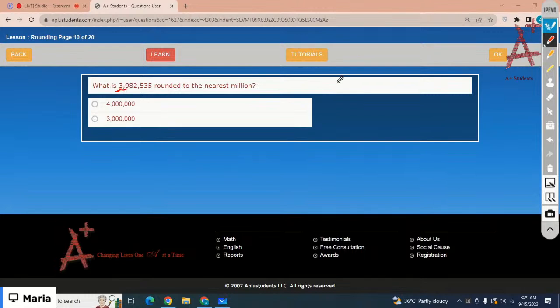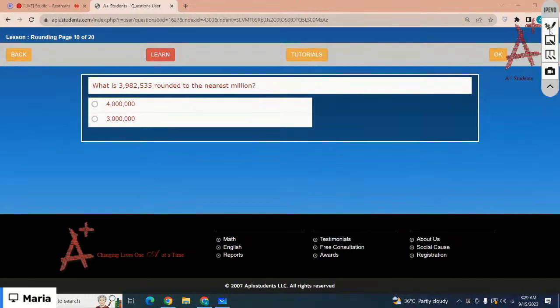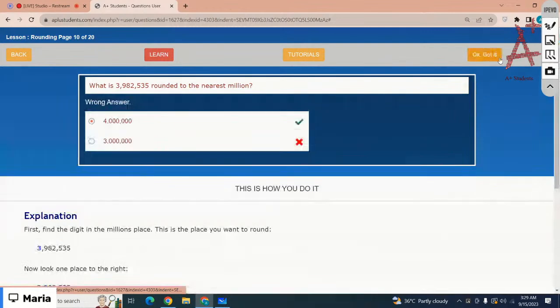On the right hand side, that is 9. 9 is greater than 5, right? Oh, that is 9. 9 is greater than 5. You have to round up. It would be rounded off to 4 million, not 3, right?